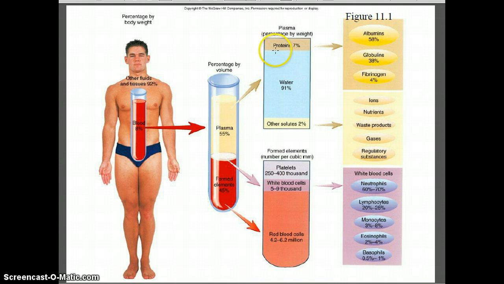And this shows you the percentage by weight of the different substances dissolved in the plasma, and also what the formed elements are. You don't have to memorize these, but please familiarize yourself with them. We are going to be taking a look at the functions of some of these proteins and so forth, and the functions of the cells, including the white blood cells as well as the red blood cells.